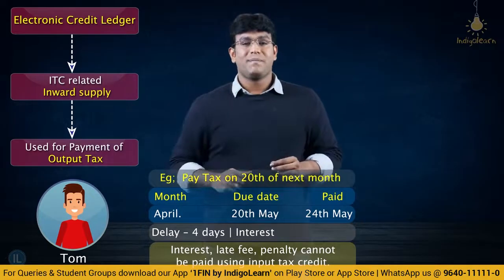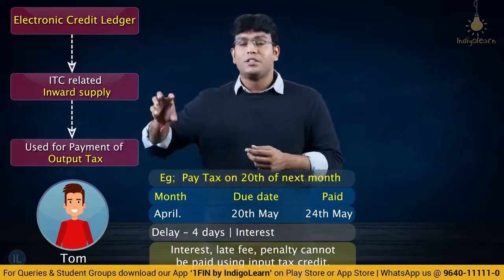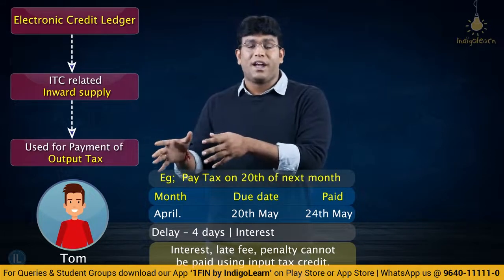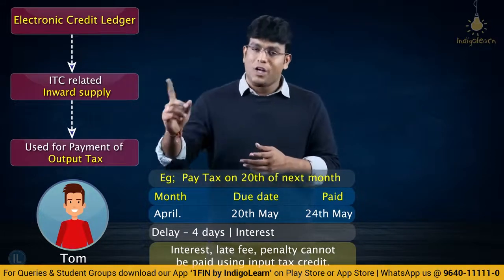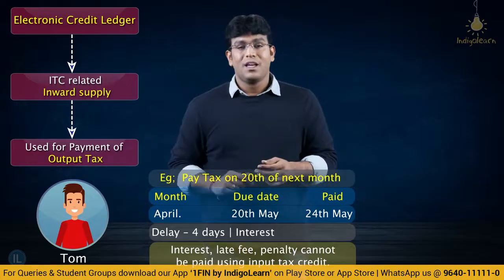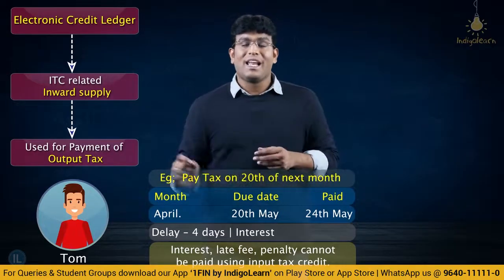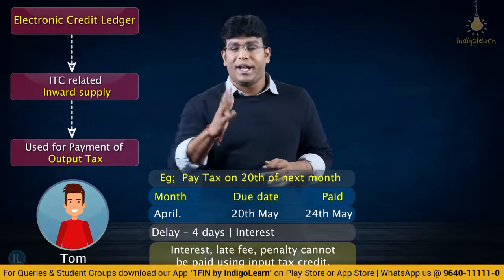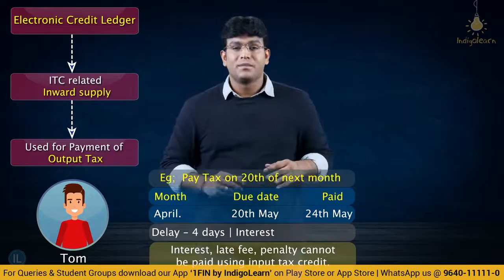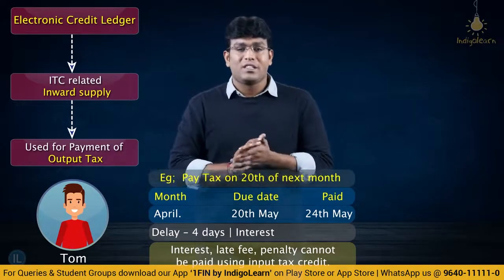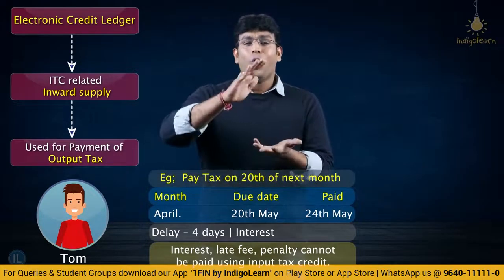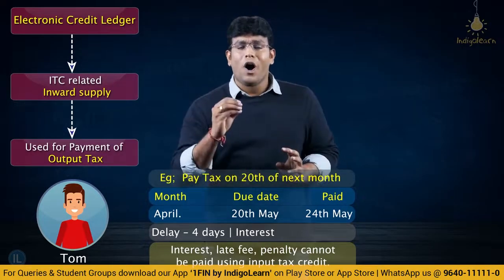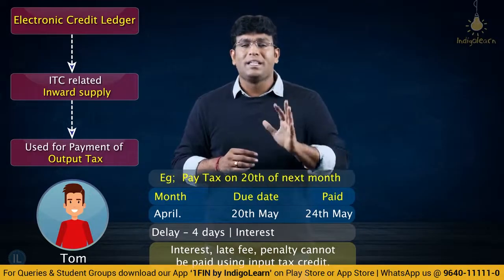Output tax. So in my example case, I clearly told Tom has to pay output tax of 1 lakh and he has GST input tax credit of 60,000. Can he use that for his output tax? Answer is yes, definitely yes. But if that 1 lakh is interest or penalty, then we cannot use the balance in the electronic credit ledger. I repeat one more time. The balance in the electronic credit ledger can be used only for payment of output tax, but not for any interest or penalties.